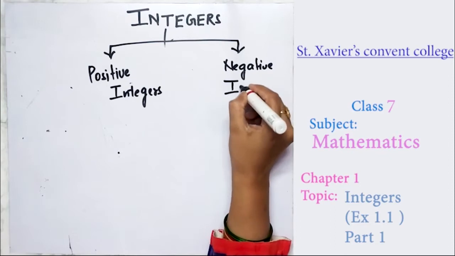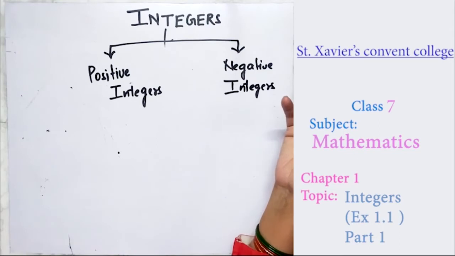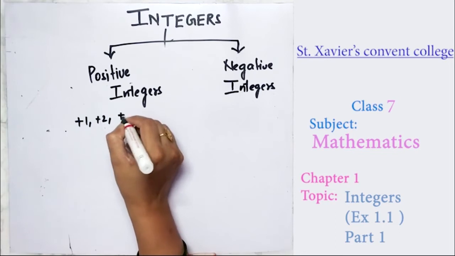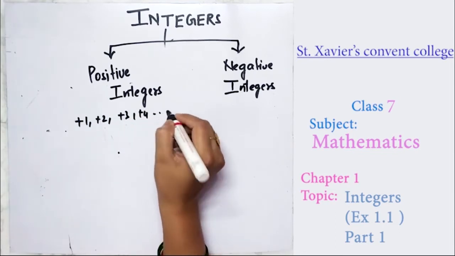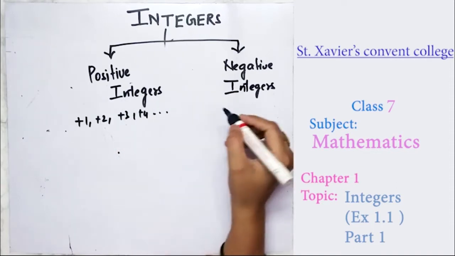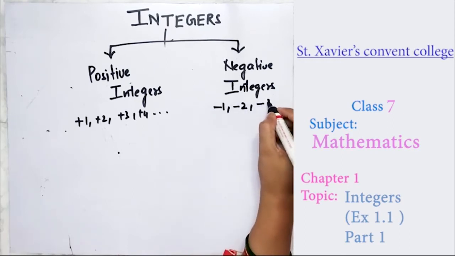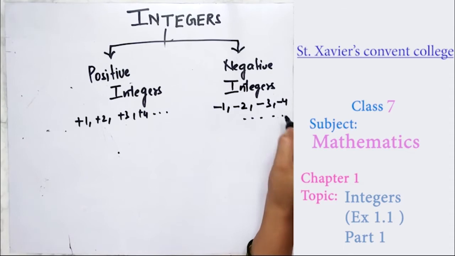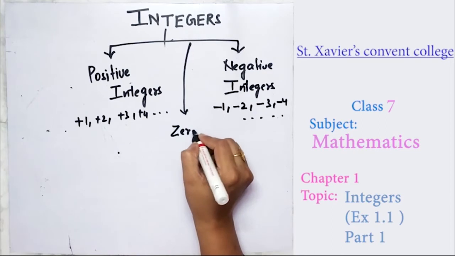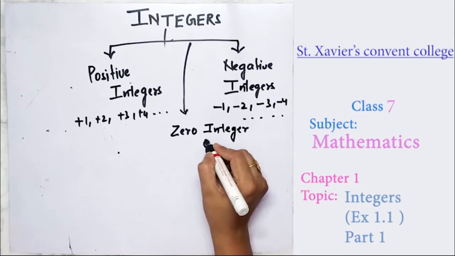Natural numbers which have the positive sign, that is plus 1, plus 2, plus 3, plus 4 and so on, are called positive integers, while the negative integers are those natural numbers which have the negative sign, minus 4 and so on. And 0 itself is an integer, a single integer which is taken as a whole number, but it's the 0 integer.